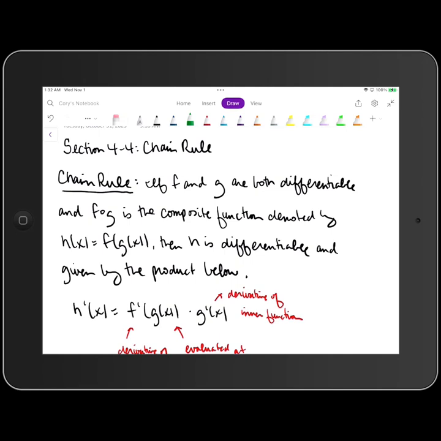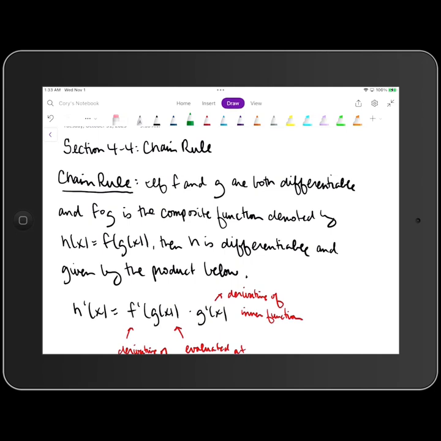Okay, so what chain rule states is that if f and g are both differentiable and f composed with g is the composite function denoted by h of x, which is equal to f composed with g of x, then h is differentiable and given by the product below.